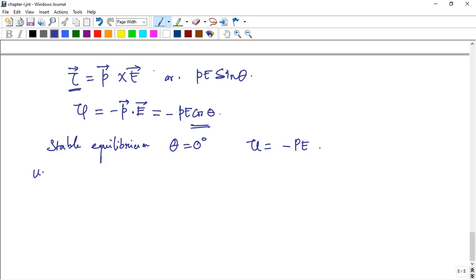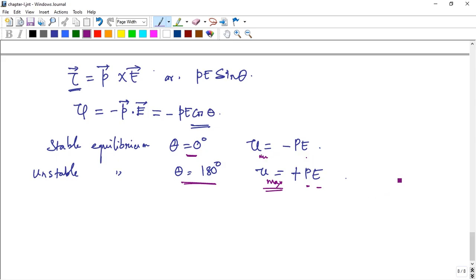For unstable equilibrium, theta is 180 degrees, so U is minus cos 180, which is minus 1, so that is plus PE. In the case of cos 180 degrees, the energy is maximum and P and E are anti-parallel, while at 0 degrees they are parallel and the energy is minimum.